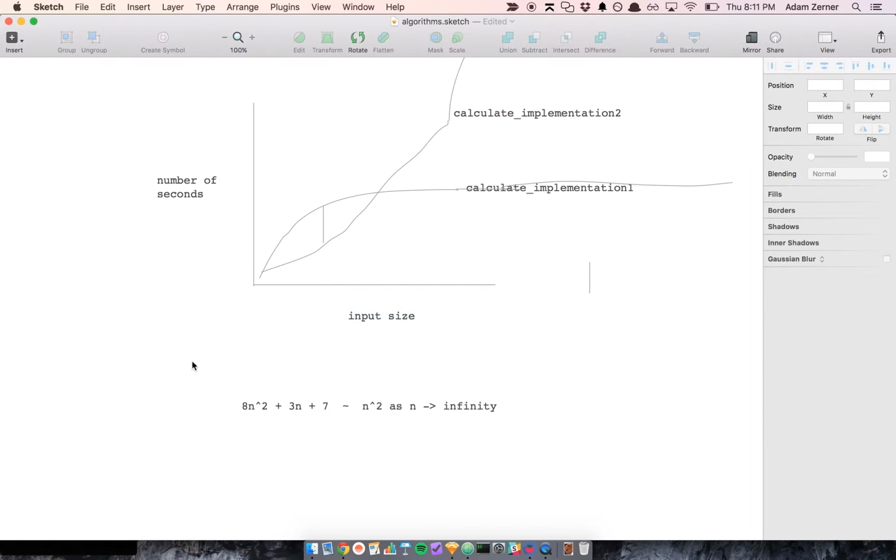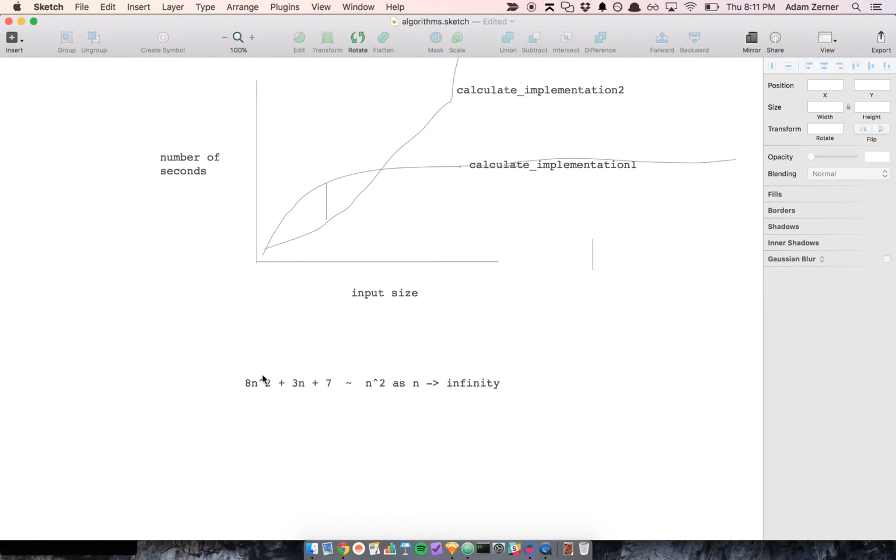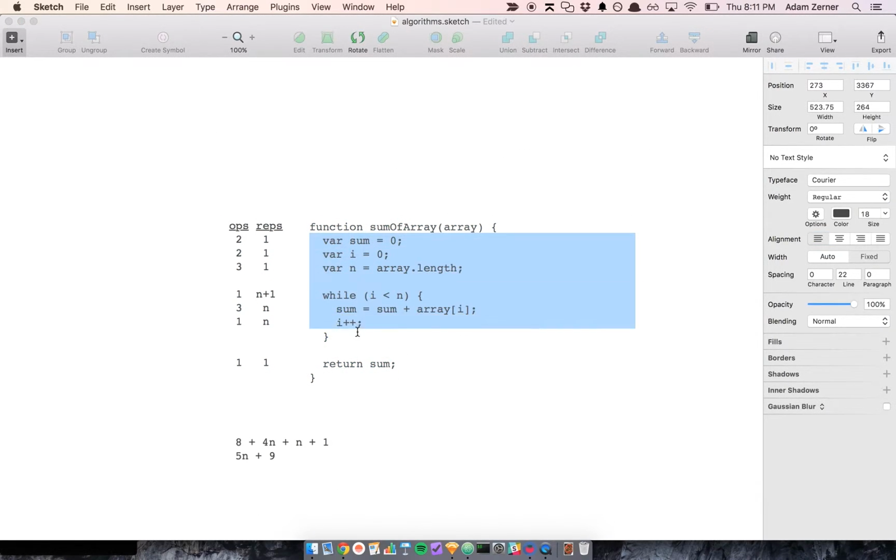So we could go through functions like this each time and figure out precisely what the function is that describes how many operations it takes. But as you saw, it's a little bit time consuming. And if we can approximate it, that'll save us time and basically get us the same result.